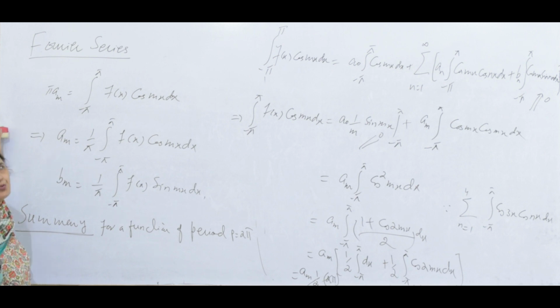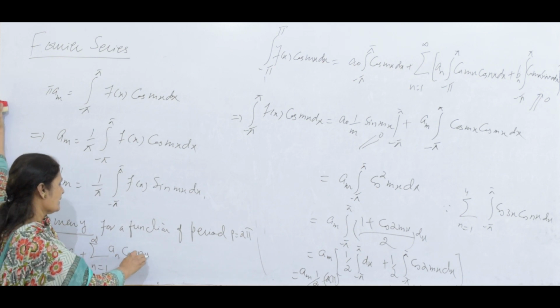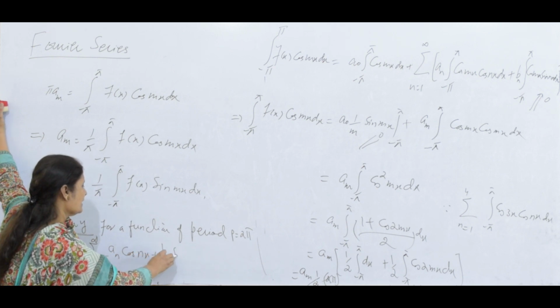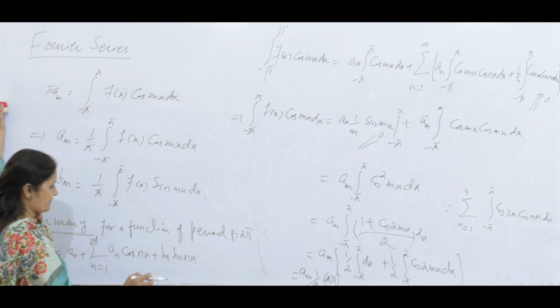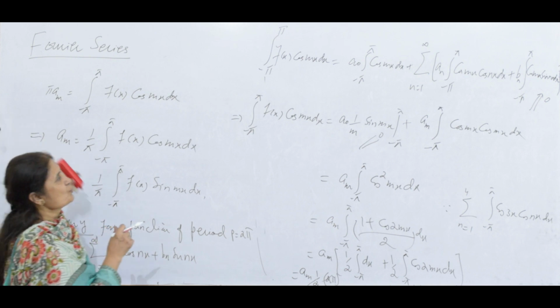We were talking about 2 pi period. The 2 pi period Fourier series is a naught plus sigma n equal to 1 to infinity of a_n cos nx plus b_n sin nx. This is the Fourier series for a function whose period is 2 pi.